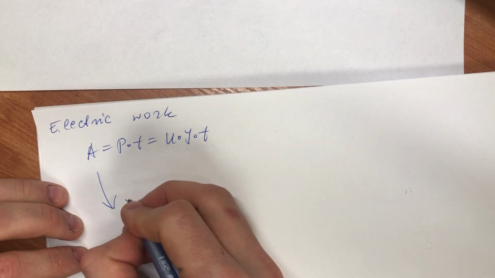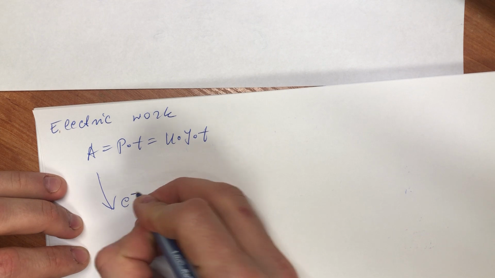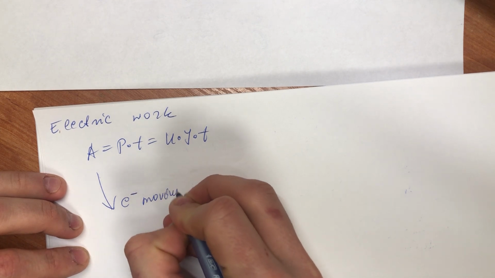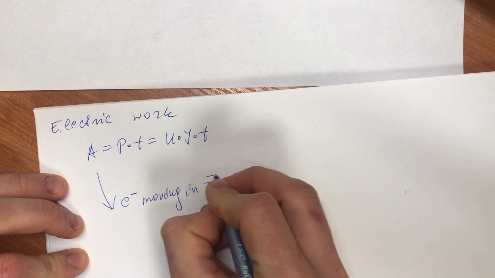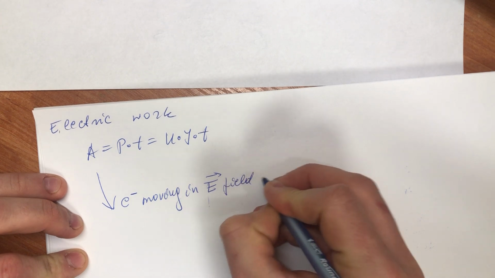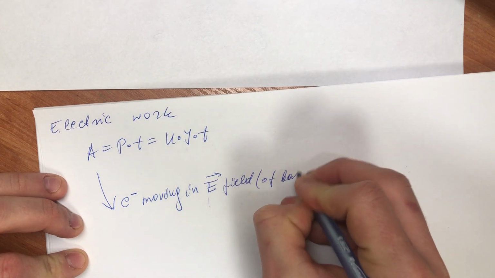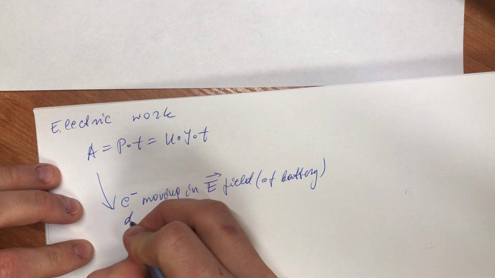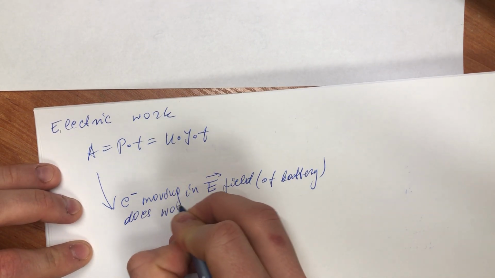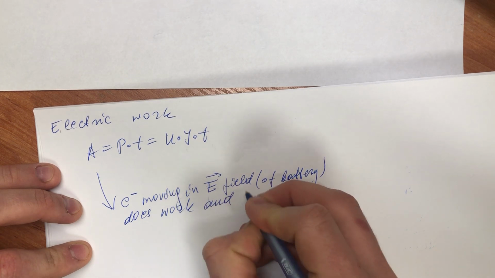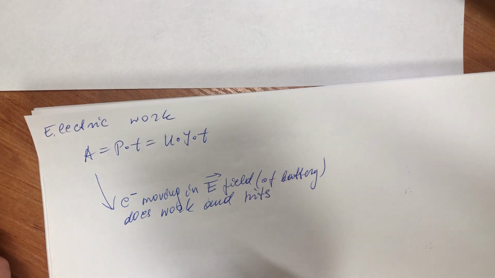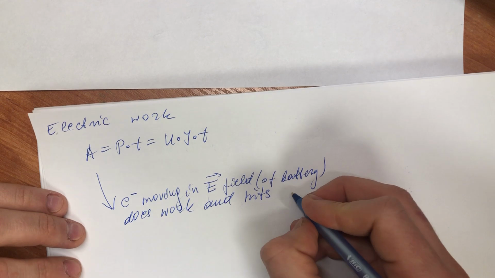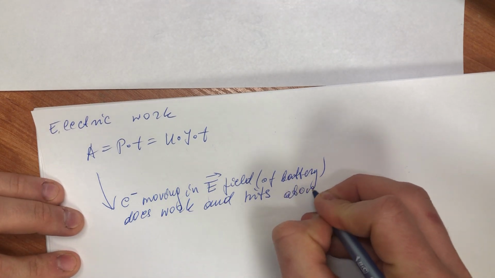So an electron moving in the electric field produced by the battery does work and hits atoms.